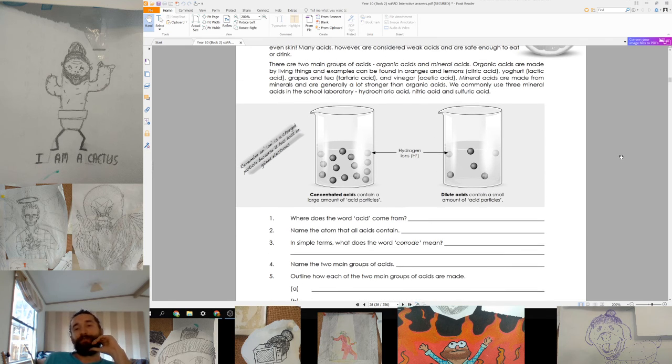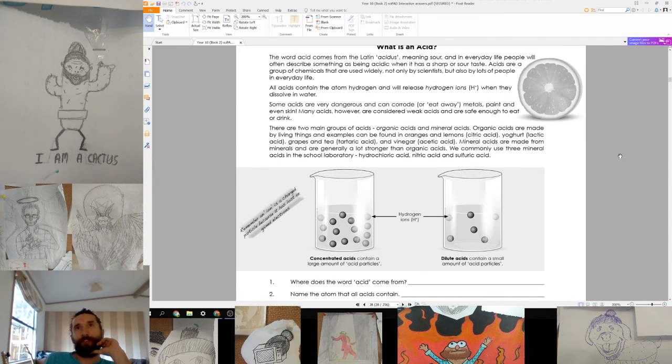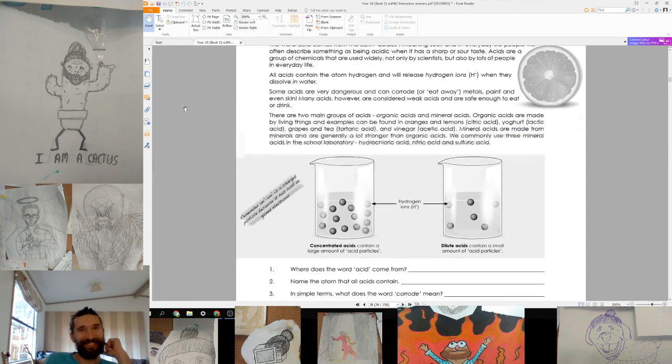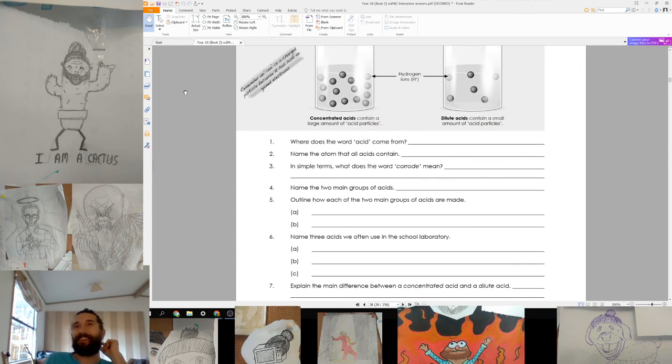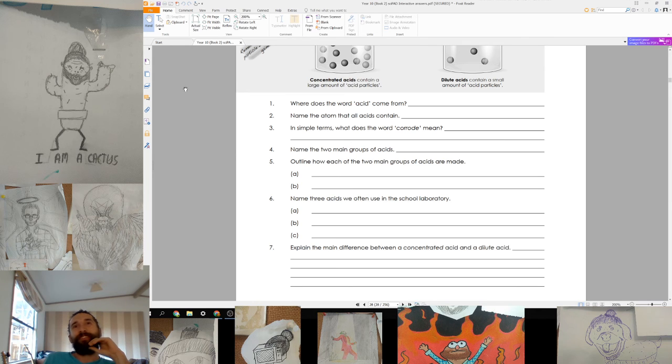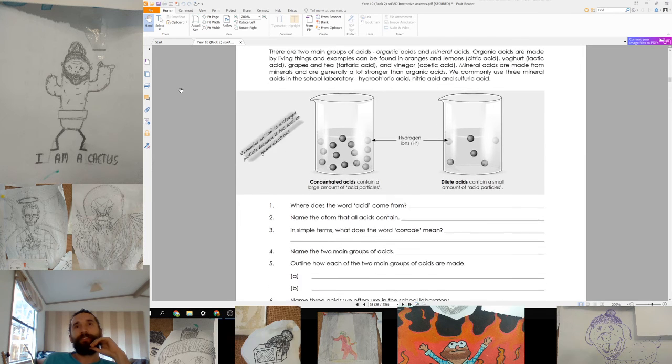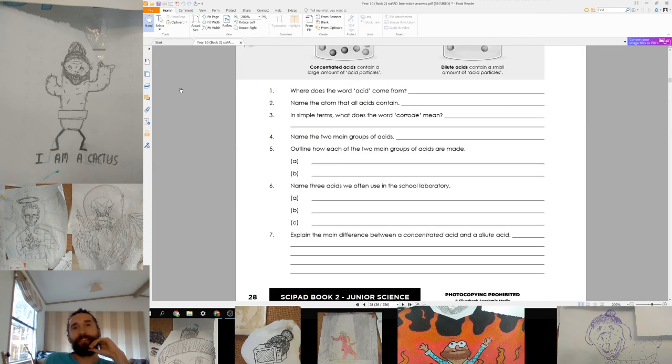It's very simple. Where does the word acid come from? Hopefully that's the very first sentence. The word acid comes from the Latin acidus. There you go. Let's see if there are any tricky questions. Name 3 acids we often use in the lab. They're included there at the last sentence.